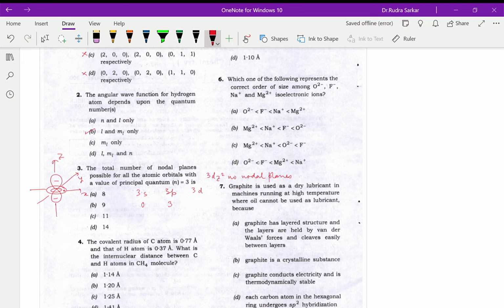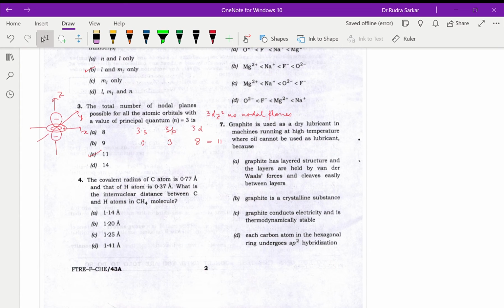But the rest, that is 3dx square minus y square, or 3dxy, 3dxz, yz, it will have 2 nodal planes each. That means total 8. So if we count this and add this, we get the answer 11. So over here option C is correct.